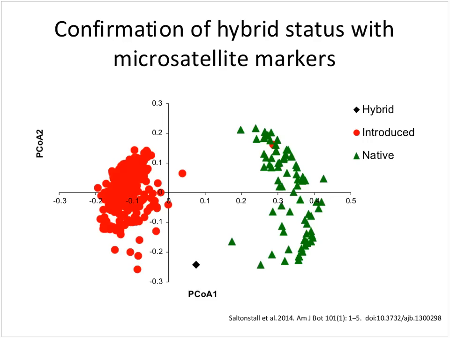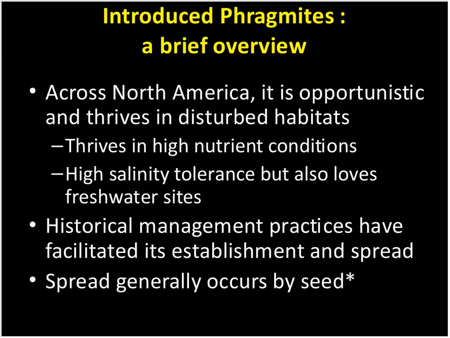This is a graph here that's based on 8 different microsatellite markers which look at nuclear DNA, so you can detect both the parental lineages. You see on the left a cluster of introduced samples. On the right are native ones, and then down in the middle is the hybrid individual. This is the example from Montezuma. So you can distinguish very clearly between the 2 lineages and their hybrids using this technique.